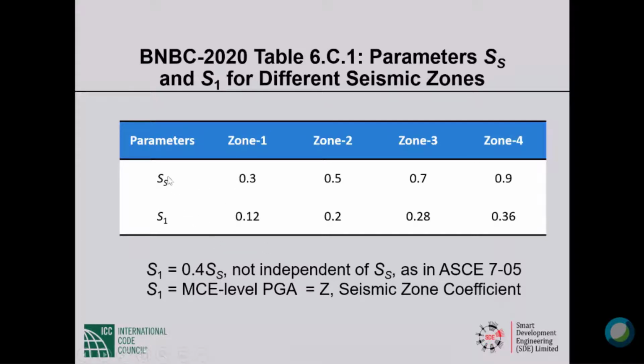If you take the short period spectral acceleration, S sub S, divide that by 2.5, or take 40% of that, you get something very close to the peak ground acceleration.